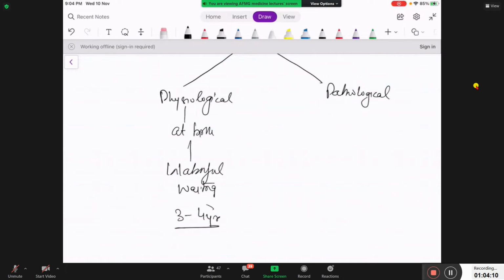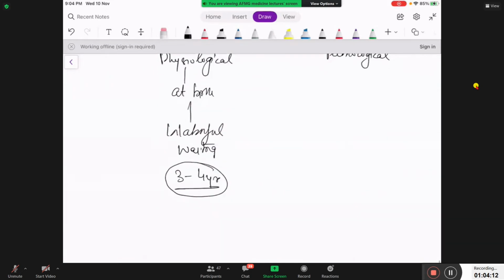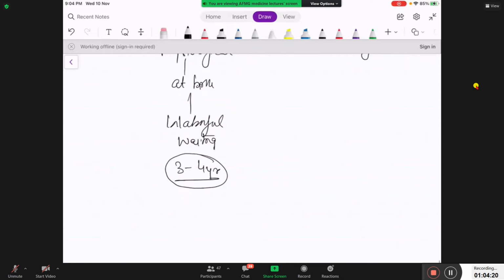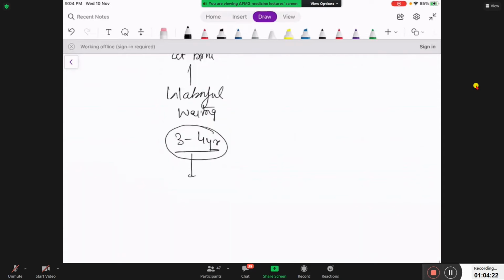But if after 3 to 4 years of waiting the physiological phimosis doesn't get relieved, we are left with no choice but to intervene now. And how will we intervene? The first line of management is corticosteroid cream, the local application.